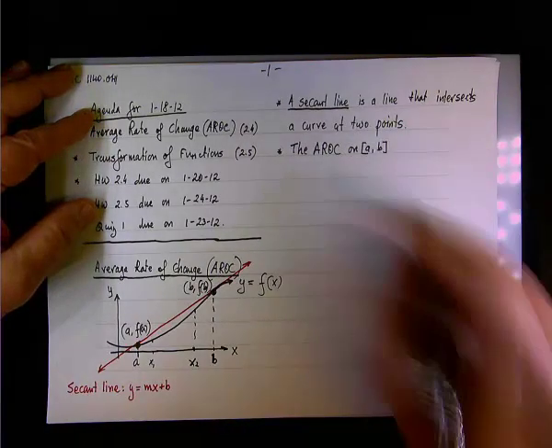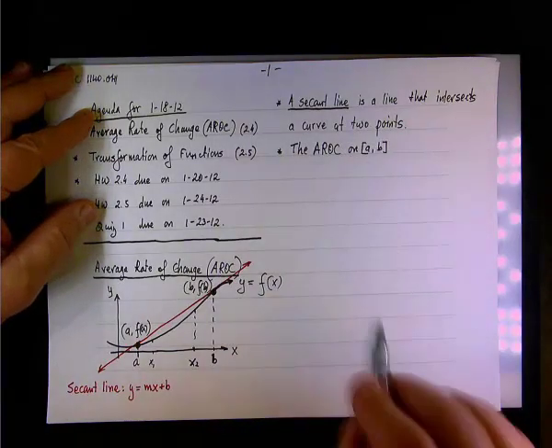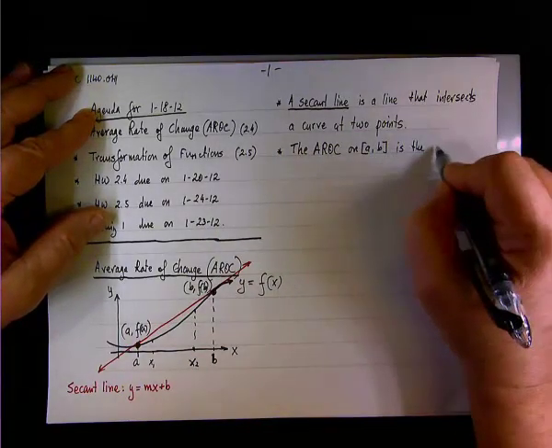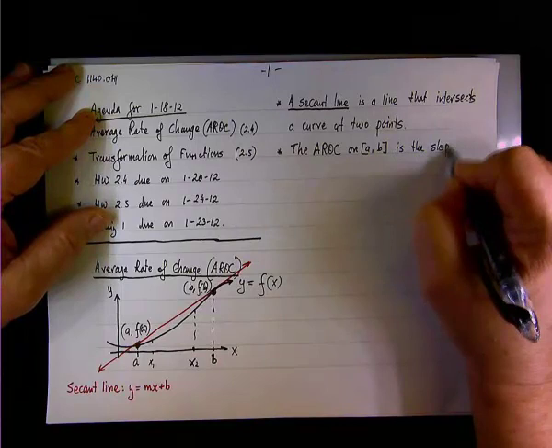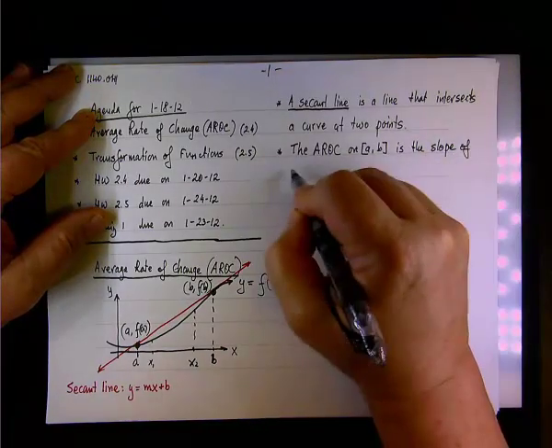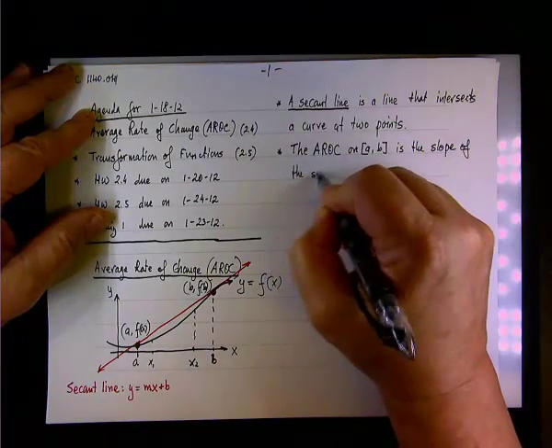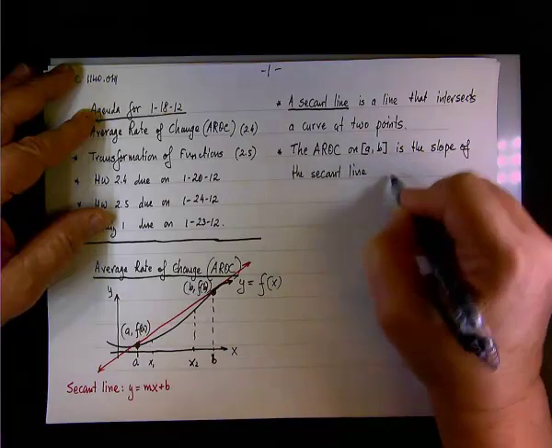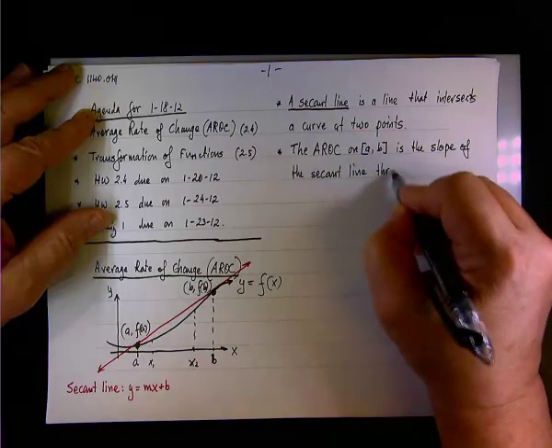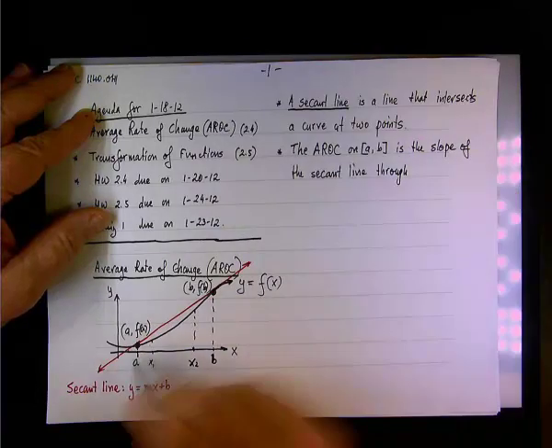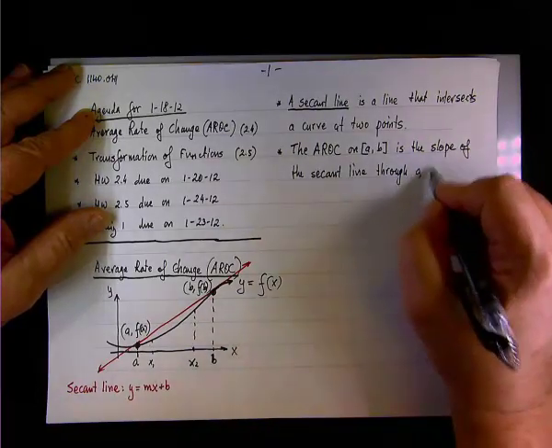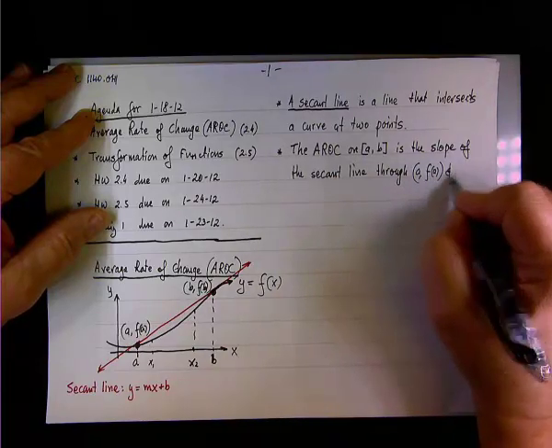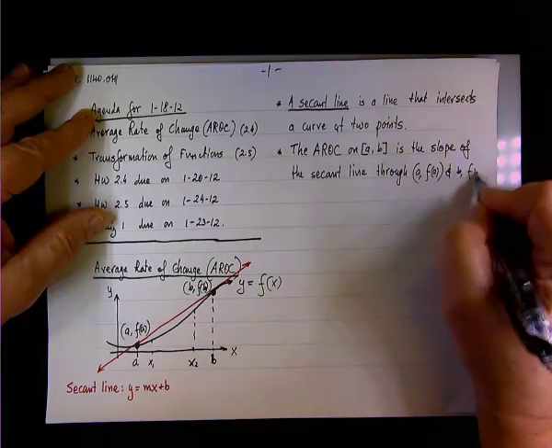We're going to say the average rate of change on the closed interval AB is the slope of the secant line. And of course the secant line passes through these 2 points, A, F of A, and B, F of B, like so.